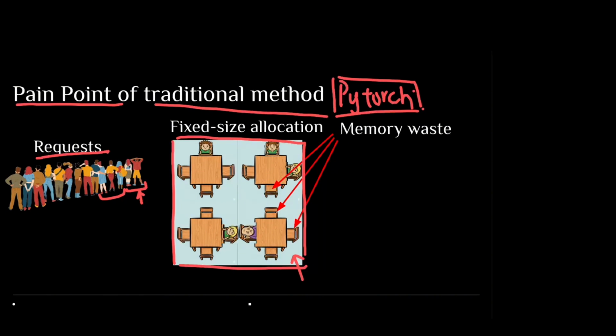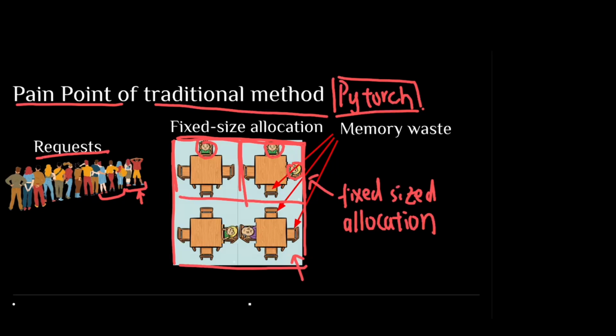It is a poor host that pre-allocates large tables, and those tables are fixed size. No matter whether your request is 1 person or 2 people, it will always allocate this fixed size table. What is the problem? Here are empty seats, which corresponds to memory waste.